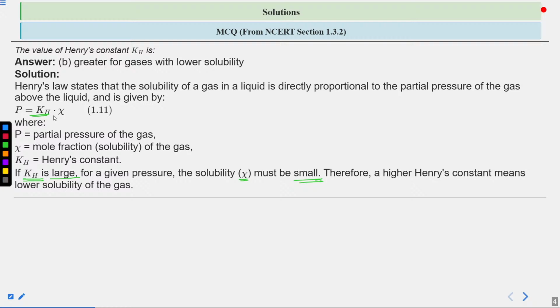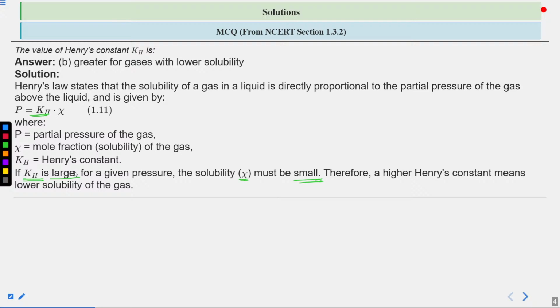This is because in the relation, chi and KH come in a product. If you take one term to the other side of the equal sign, they are inversely proportional to each other. So if one quantity is larger, the other will automatically be smaller.